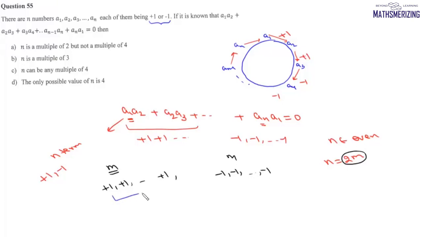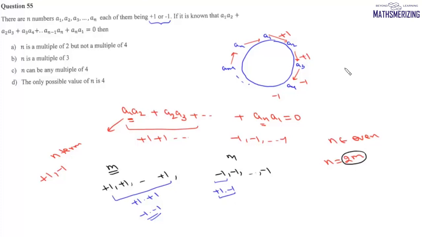Now it is possible to get the value 1 in two ways, when we multiply plus 1 with plus 1 or when we multiply minus 1 with minus 1. But it is only possible to get the value minus 1 when plus 1 gets multiplied with minus 1. So out of these 2m products, there will be m products where plus 1 is multiplied with minus 1.